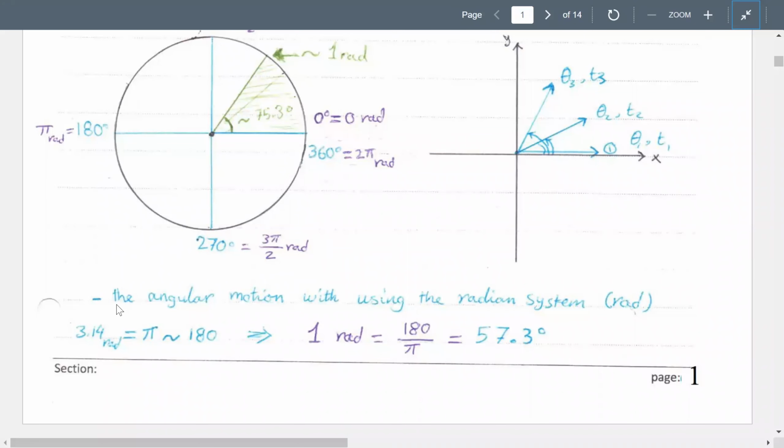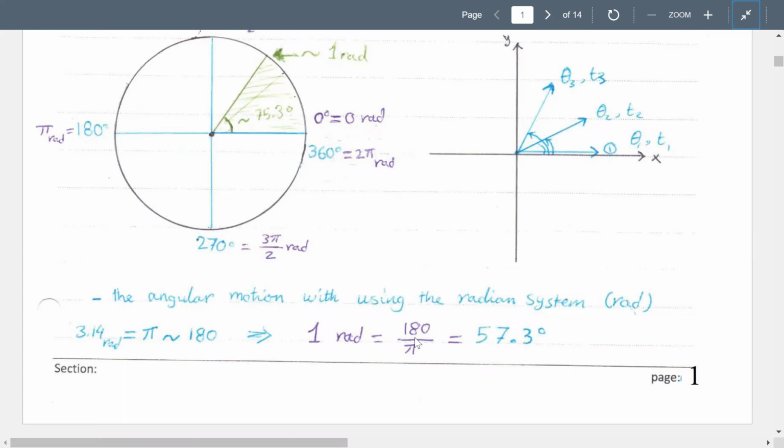So the angular motion in our study now will depend on the radian system. As we said from before, 3.14 is equal to pi, which is 180 in degrees. So 1 radian is equal to about 57 degrees.